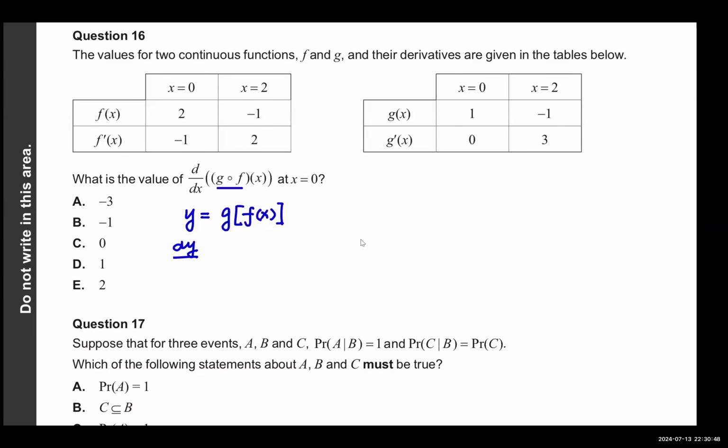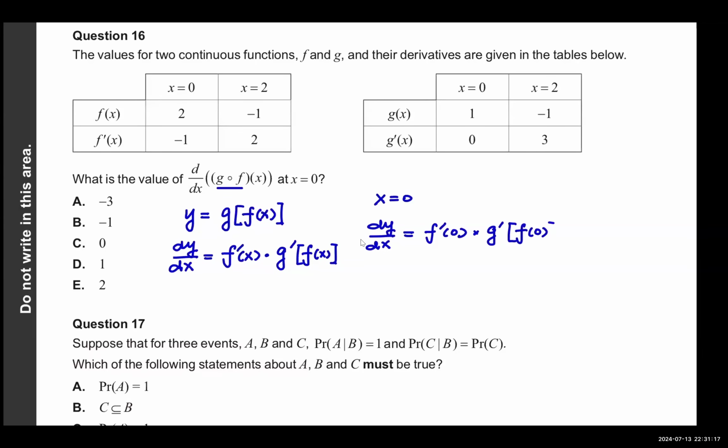my dy/dx is the derivative of the inner function, f dash, times, this time we are really multiplying two things out, g dash of f, the derivative of the outer, okay? So at x equals 0, your dy/dx is just f dash of 0 times g dash of f of 0.